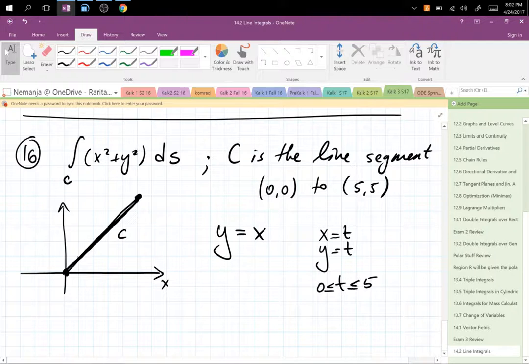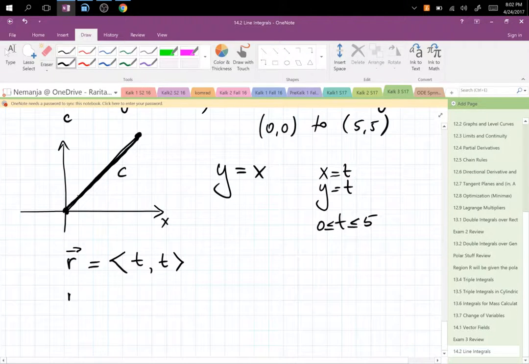So now I have my vector r as t, comma t. Vector r prime of the derivatives is 1, comma 1, and the magnitude of that is clearly root 2.